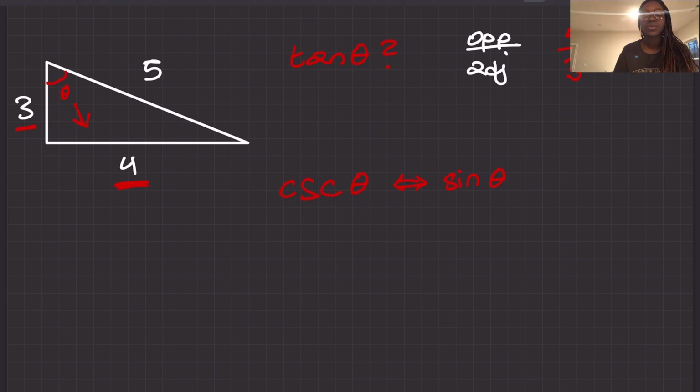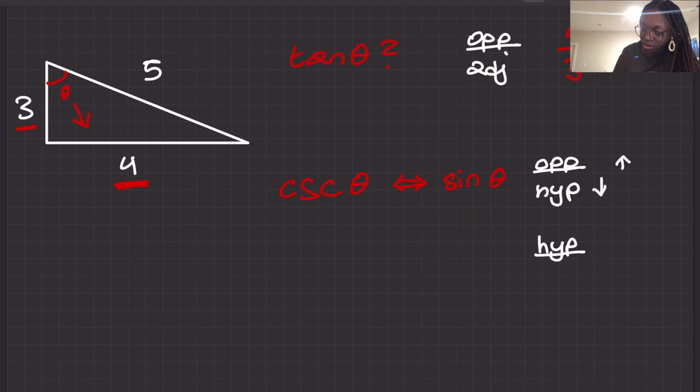Because of this, we're going to do the reciprocal of the sine ratio. So the sine ratio, remember, is opposite over hypotenuse. That means we are going to flip these two, and it's going to be hypotenuse over opposite.